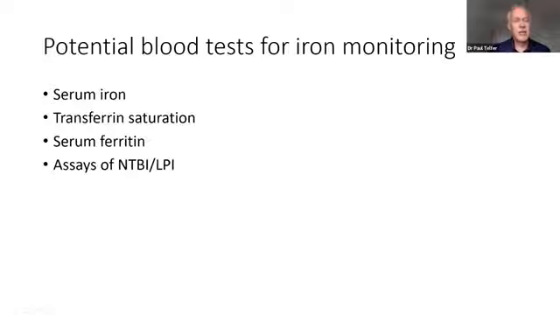Serum iron by itself is not very useful. It fluctuates during the day, and it is also sensitive to other factors affecting the patient, such as if there's an inflammatory condition, an infection. So a simple measurement of serum iron is not useful in monitoring transfusion iron overload.